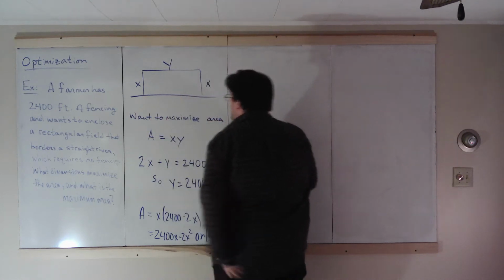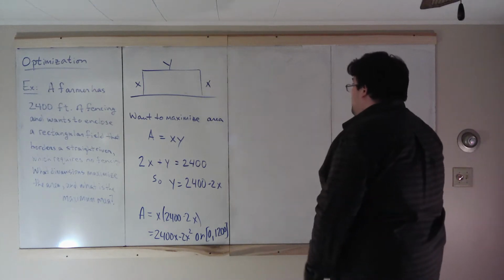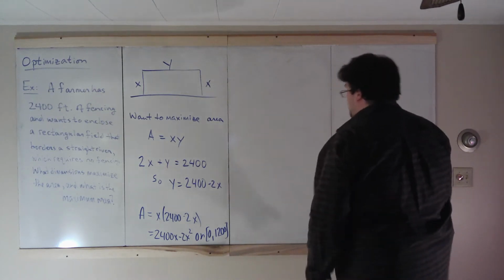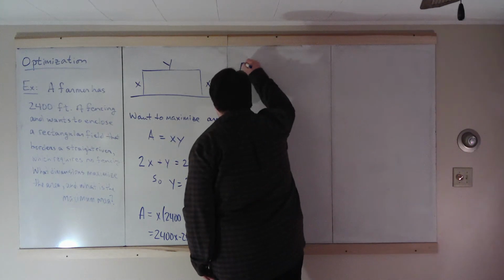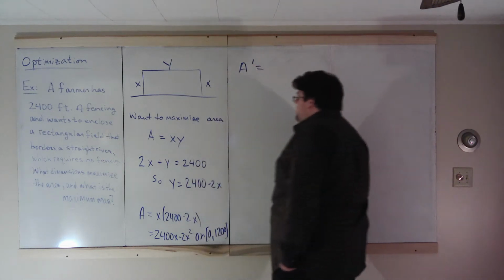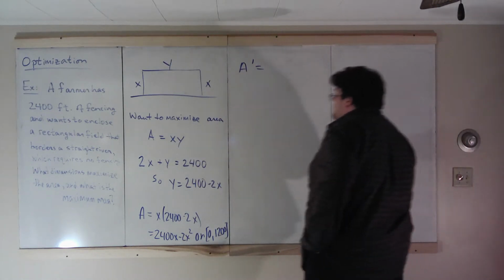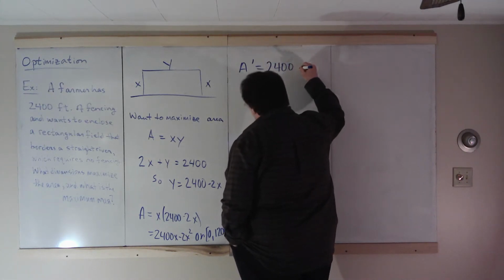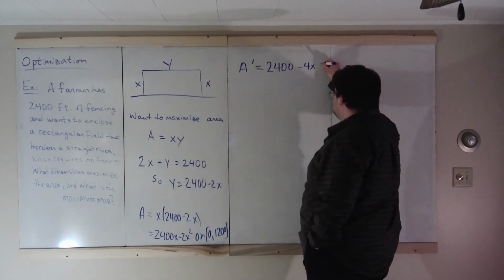In the other case, if y is 0, infinitely narrow in that way. So it wouldn't be a rectangular field, it would be a linear field. But we'll get there. So here, how do we do this? Well, we need the critical points. So we need the derivative of A, where it's 0, where it's undefined. It's never undefined. The derivative of A is 2,400 minus 4x, never undefined. When is this 0?